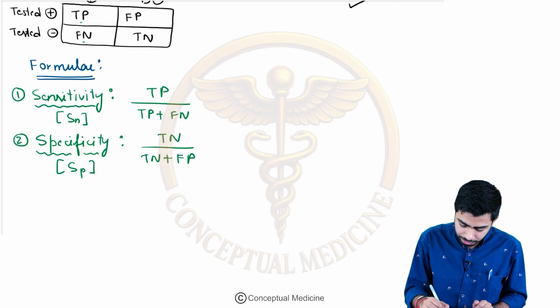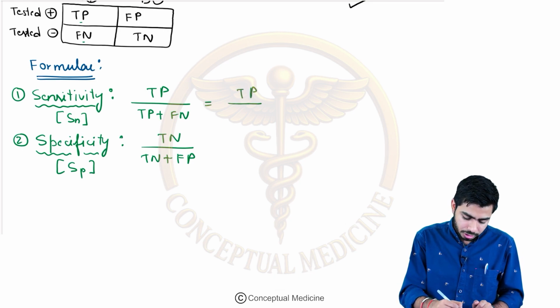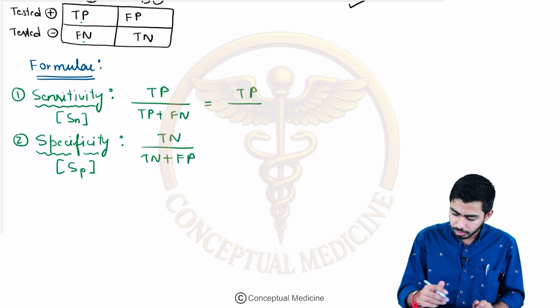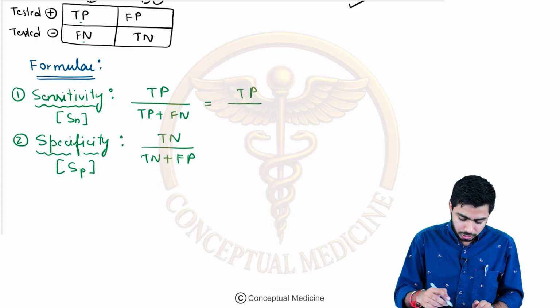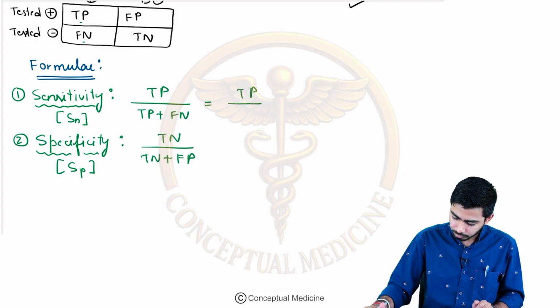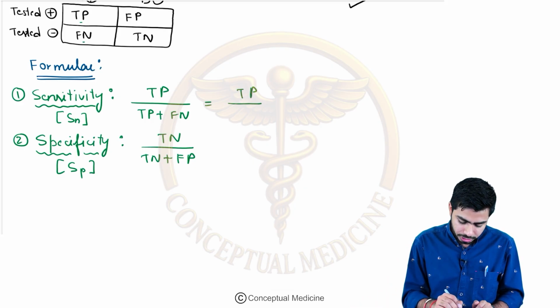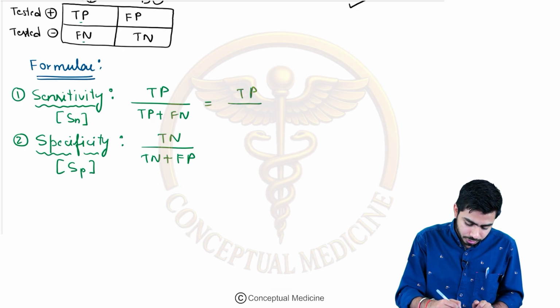Or I can write these formulas as follows. For sensitivity, I am saying true positive by true positive plus false negative. Here is the true positive, this is the false negative.